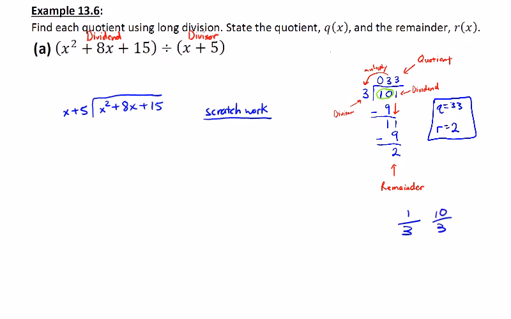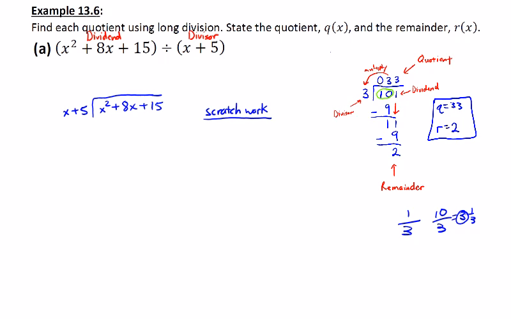Well, 3 divides into 10 3 and 1/3 times. We take the whole number part of that, and that's what we use as the beginning of the quotient. So up here we have that 3, which represents the beginning of the quotient. We don't usually write down that step because we have a lot of familiarity with whole numbers. But with polynomials, it's really important that we write that step down so we can see how that works.